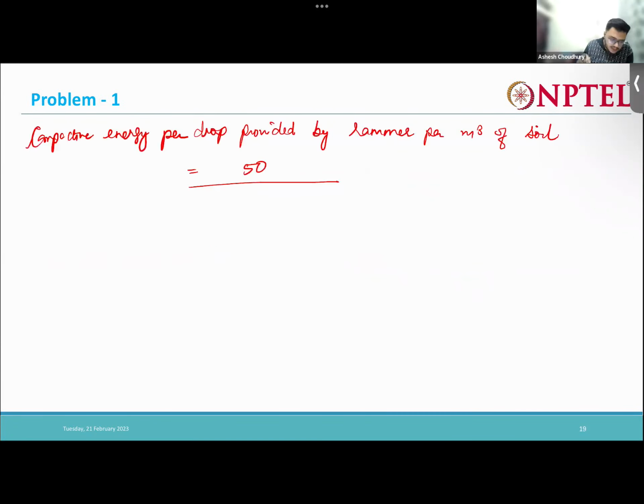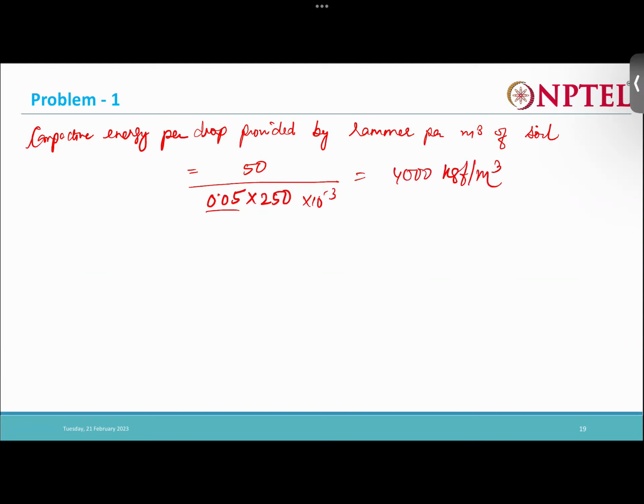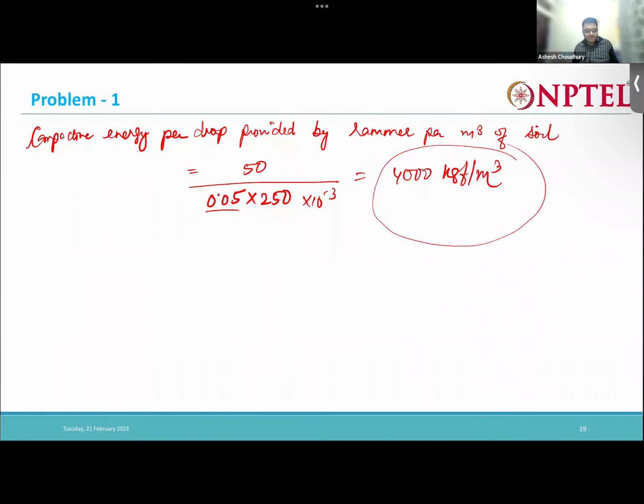So 50 divided by the volume: 250 mm is the thickness, 0.05 is the area of the RMR, minus 3. We get 4000 kg force per meter cube generated by the RMR.